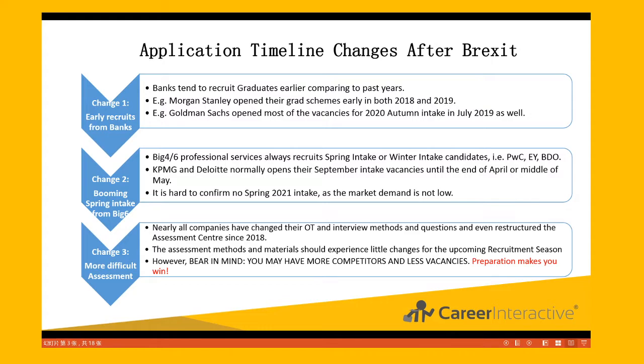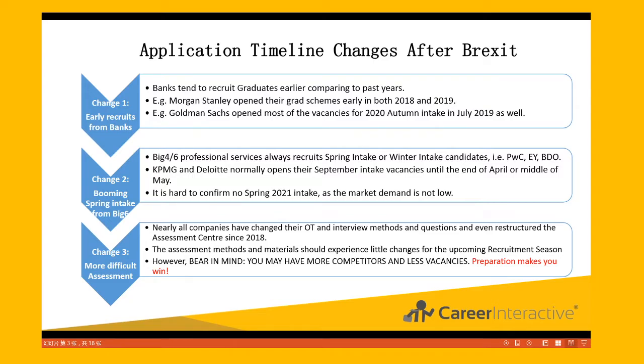To be specific, they have a quite general application form to get all your background information. And then the online test becomes more difficult compared to past years. In past years, when we referred to the online test, it was a separate test to test your numerical skills, your verbal skills, your logical skills, and of course your situational judgment skills.